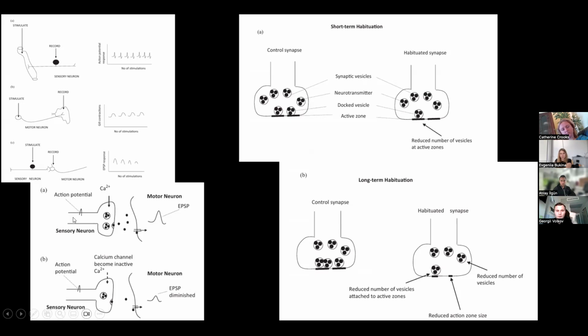If you remember, the action potential that flows to the axon terminal in the sensory neuron produces the opening of the calcium channels that enter the axon terminal, and by different molecular processes this governs the release of neurotransmitters that connect to the receptors on the motor neuron, and this generates the excitatory postsynaptic potential.